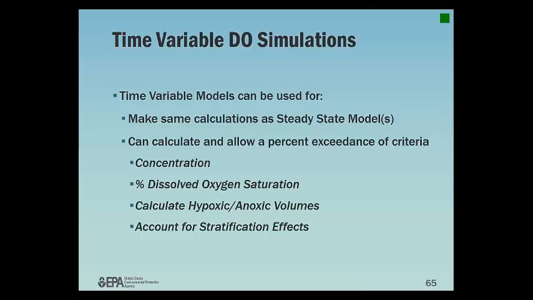The time variable models can be used to calculate a percent exceedance of a criteria, whether it's dissolved oxygen concentration, percent dissolved oxygen saturation, calculate hypoxic and oxic volumes, and they also can account for the effects of stratification and destratification.